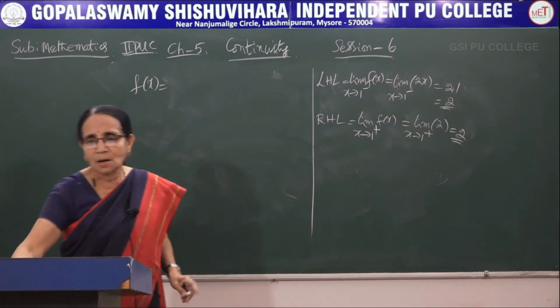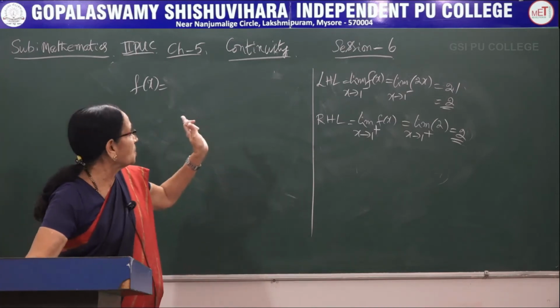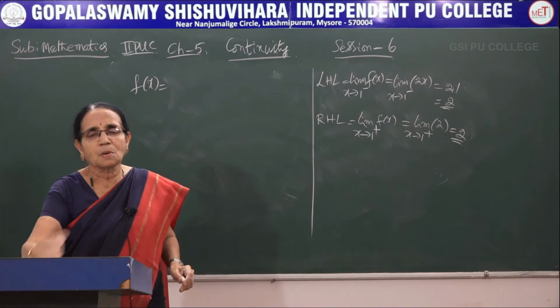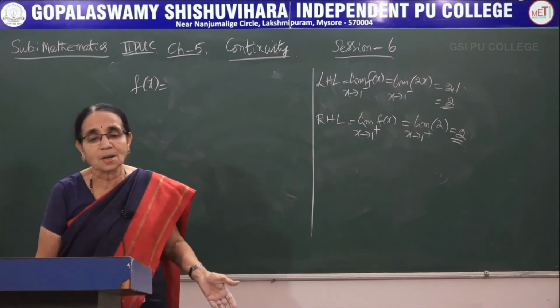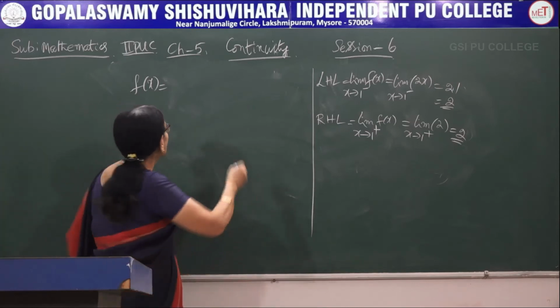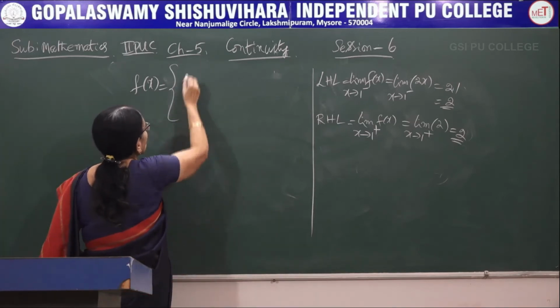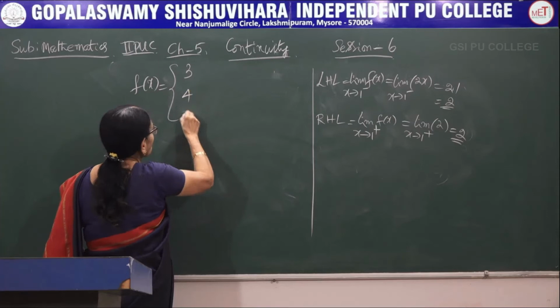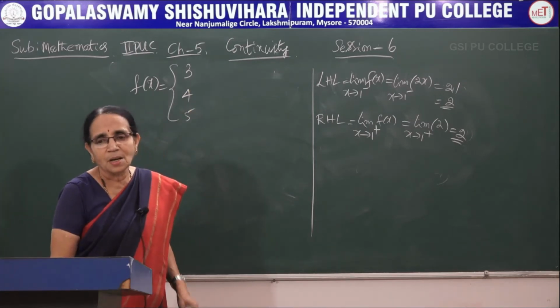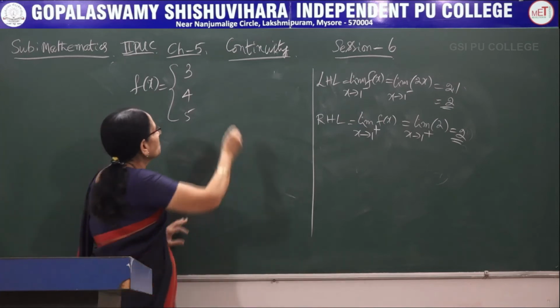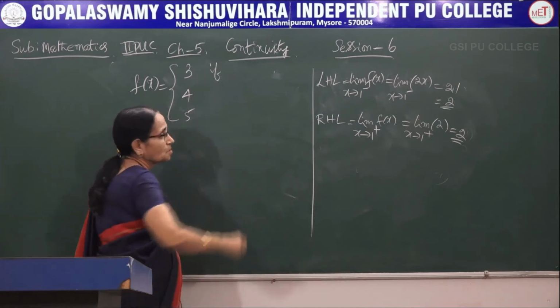See, usually you might have observed that when we write the function f(x), it may be 2x or 3x or x squared, whatever it is. Sometimes we have written a constant also. Here f(x) is equal to 3, 4, 5. That means that in whatever way the function is defined, it is simply a constant. And here some conditions are there.